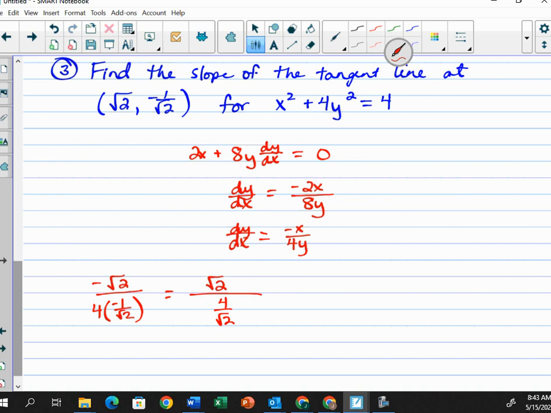That is root 2 times root 2 over 4. What's root 2 times root 2? 2. So 1/2 is your slope.